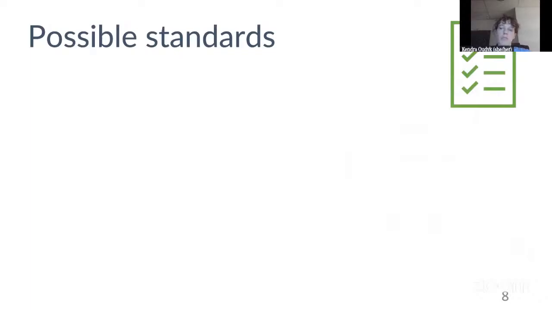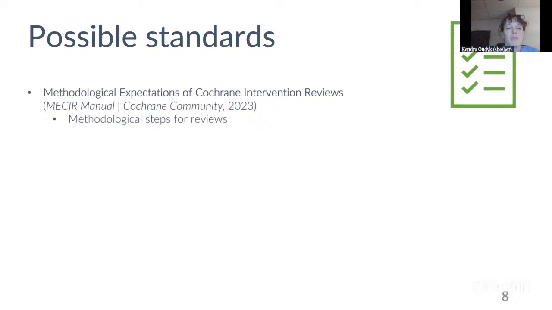There are a few possible standards that we could adapt for this. One is the methodological expectations of Cochrane intervention reviews. You'll notice that a few of these possible standards are meant for meta-analyses or reviews, which are arguably a type of meta-research, but they've been around longer, so we've had more work on building standards for them.